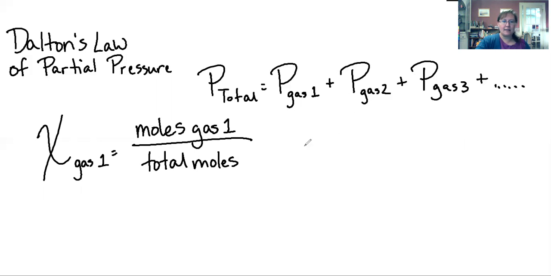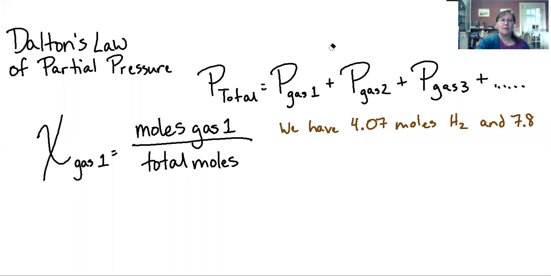Let's say that we have 4.07 moles of hydrogen gas and 7.82 moles of helium gas in a container at 2.78 atmospheres.